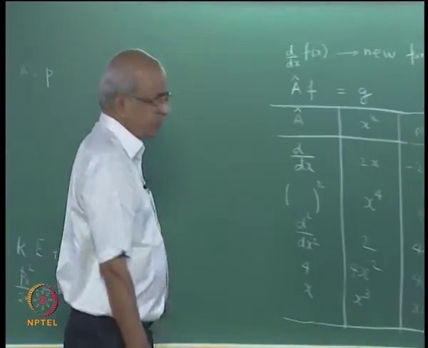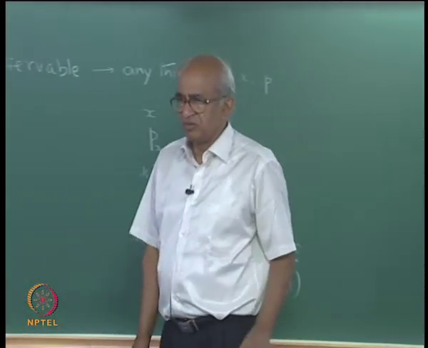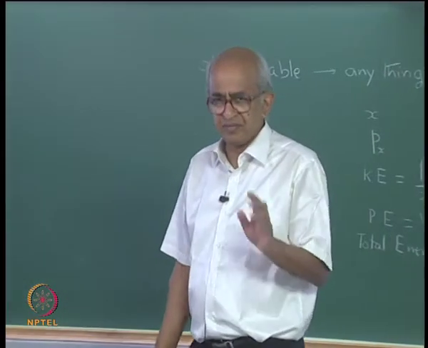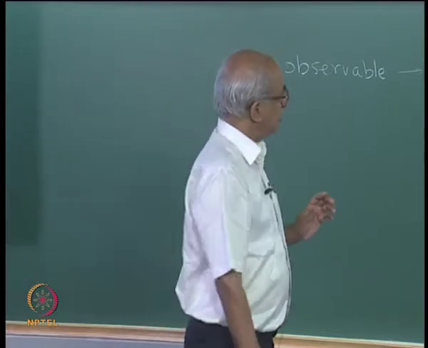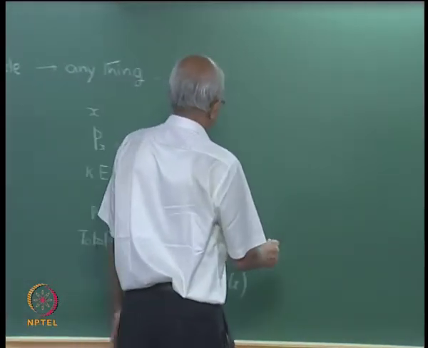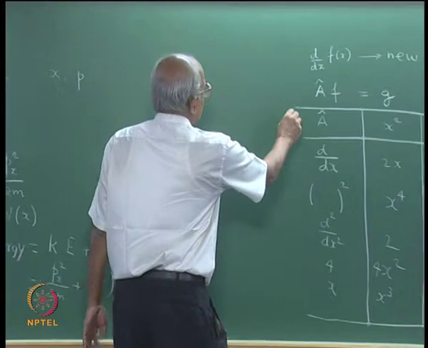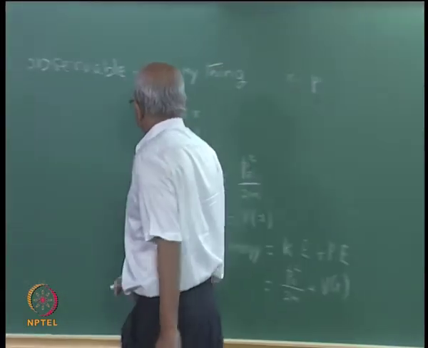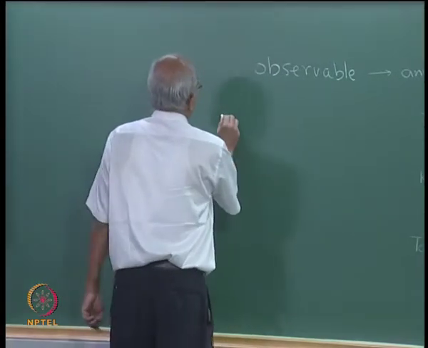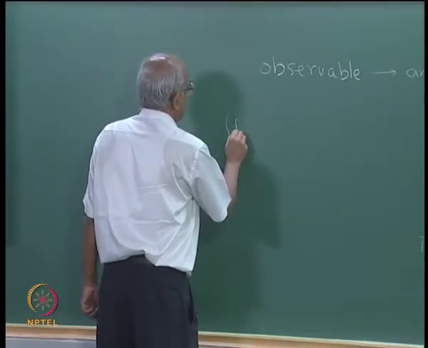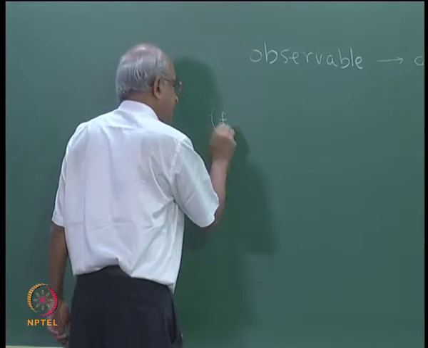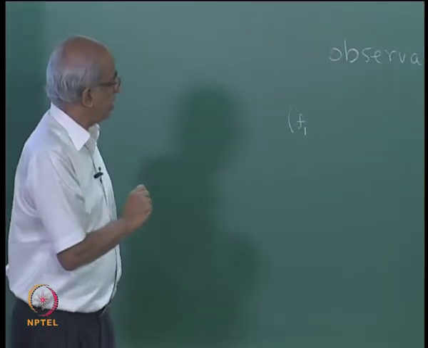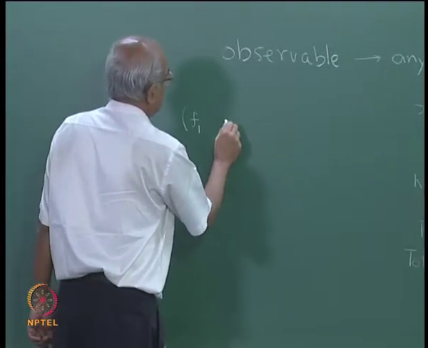So, therefore, having defined an operator, I should tell you what is meant by a linear operator. Imagine I have two functions. The first one I will denote by f1, and the second function I will denote by the symbol f2.